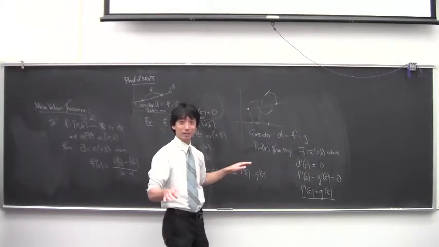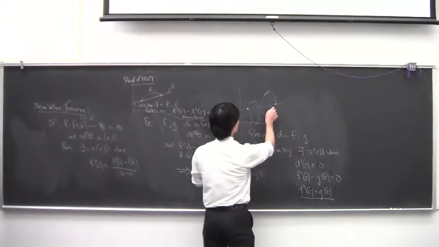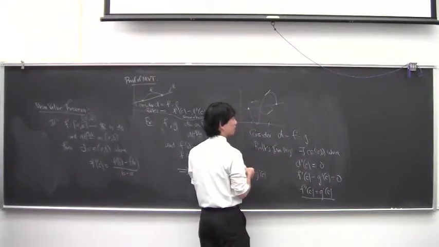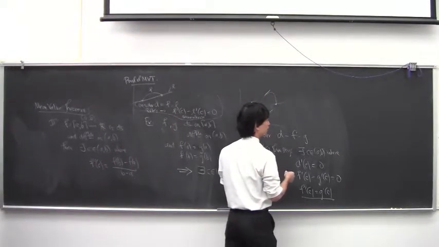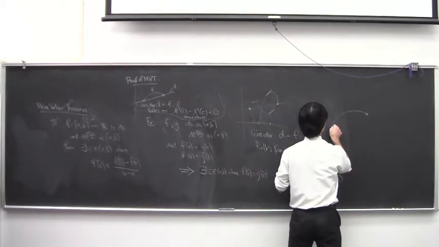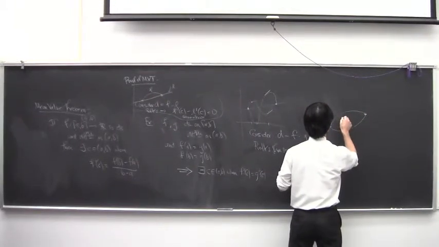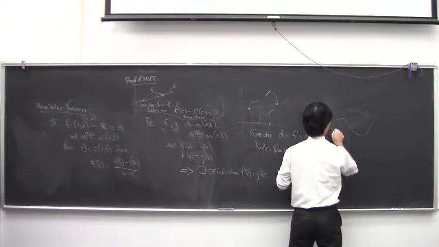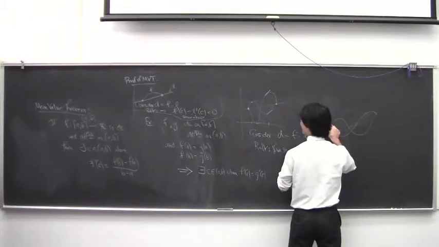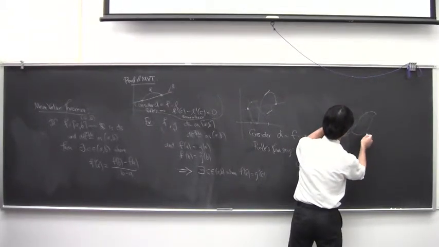It's not the slope of the endpoints, right? It's some other point.